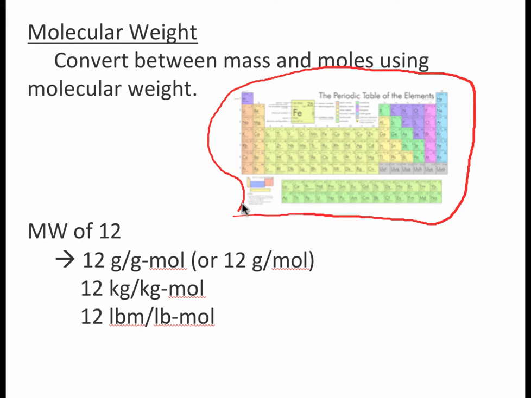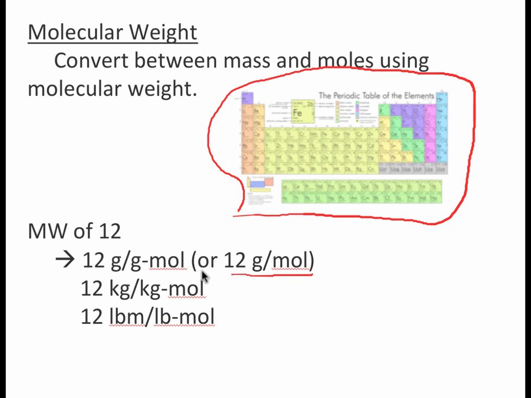The molecular weight is actually a unitless number. So a molecular weight of 12 implies that the conversion factor is 12 grams per gram mole, or as we oftentimes just say, 12 grams per mole, and that's what we're used to doing.